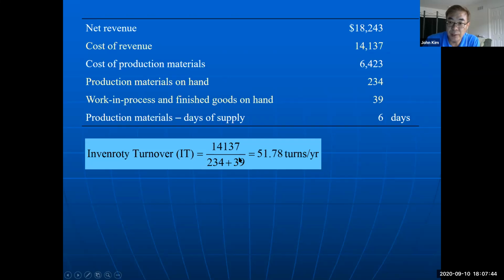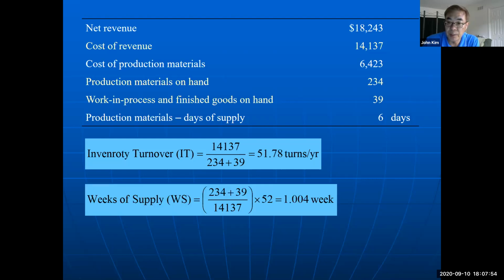So inventory turnover equals 51.78 times per year. The next one, weeks of supply: flip over and then times 52, so 1.004 weeks in the system.